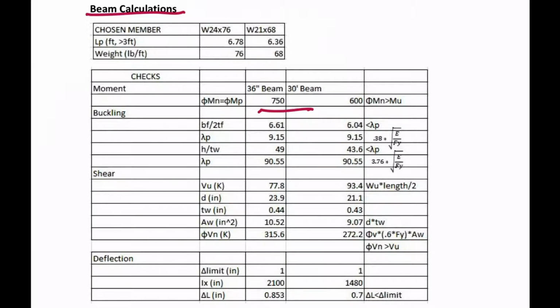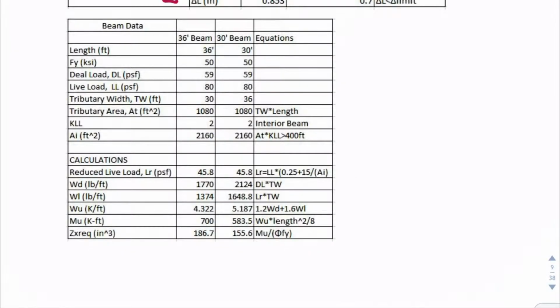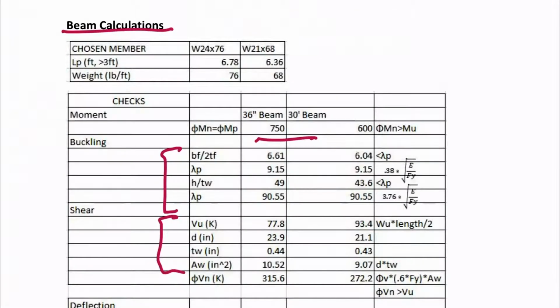In addition to this calculation, we check the flexure, then we check the shear and deflections of each beam. In addition, for each beam, we use the A992 steel, and this has the ksi value of 50 ksi for the Fy component. In summary, we have a W24x76 for the 36-foot span, and a W21x68 for the 30-foot span.